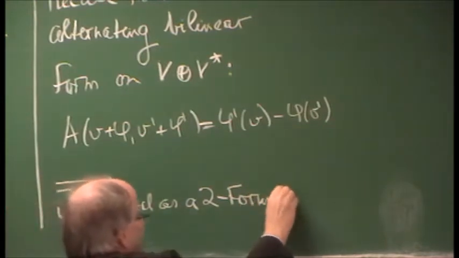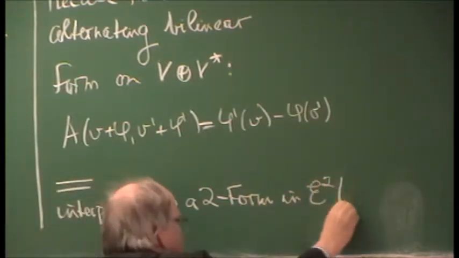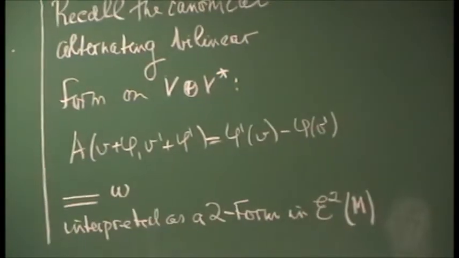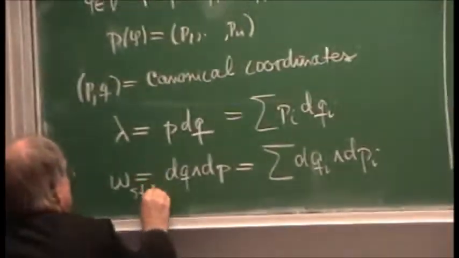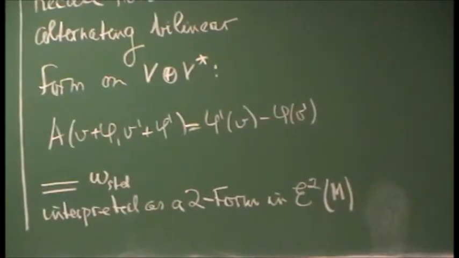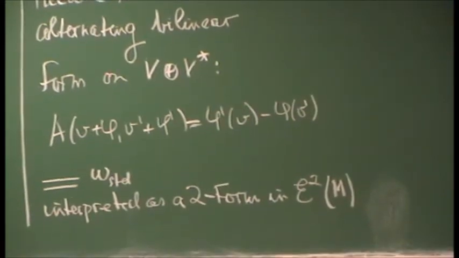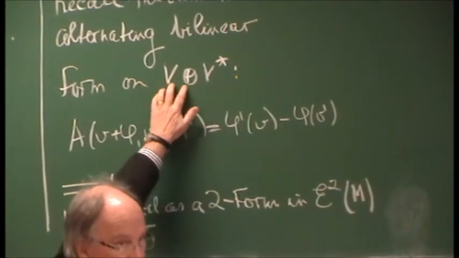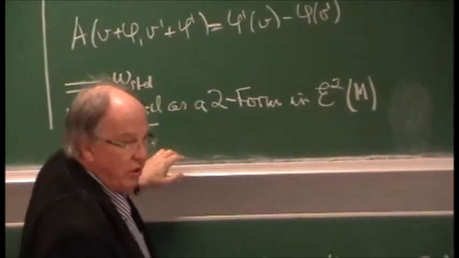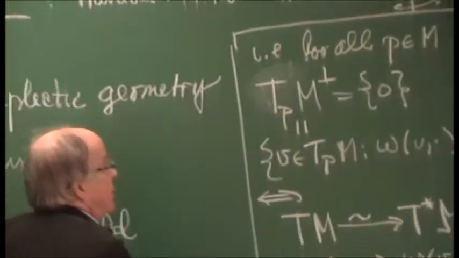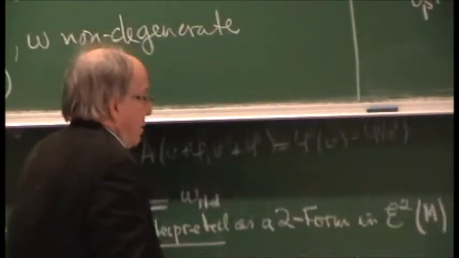let me emphasize what I'm talking about in this manifold N, which is the direct sum here of those two things, is exactly omega, the standard form. So I'm calling this omega standard. I hope you understand. A priori, this is just a bilinear form. But this interpretation means each tangent space here is identified with the vector space. And so at that tangent space, you just evaluate this alternating form. So it's just a constant alternating form.